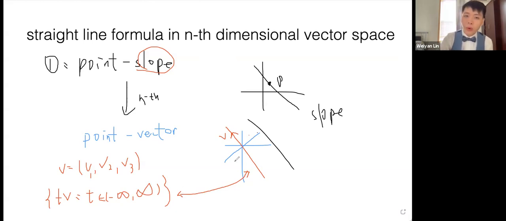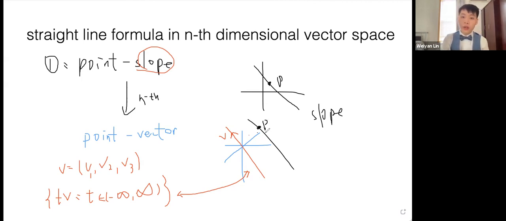All right, but we want to translate this line to the one that we actually want to interpret, right? Because we translated this line so that it passes the origin.